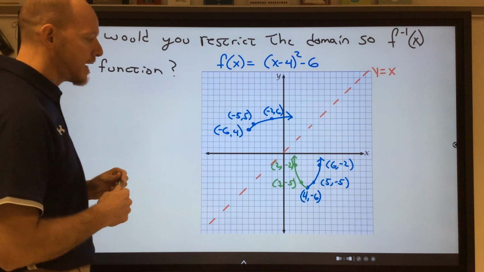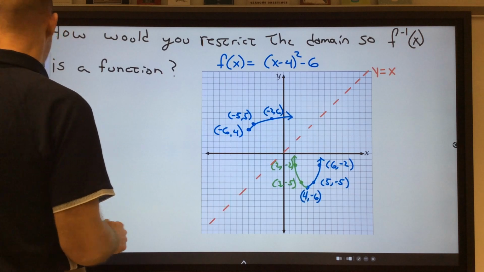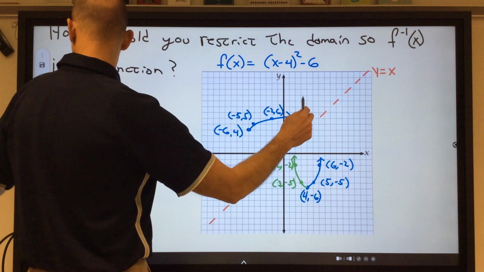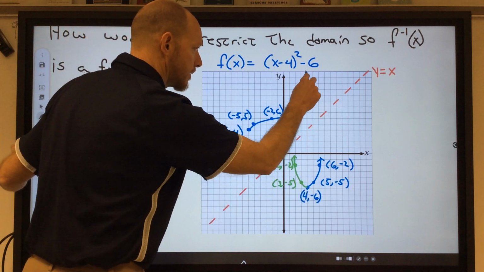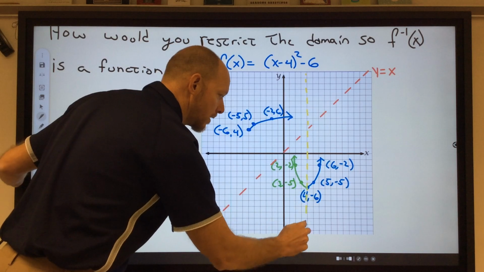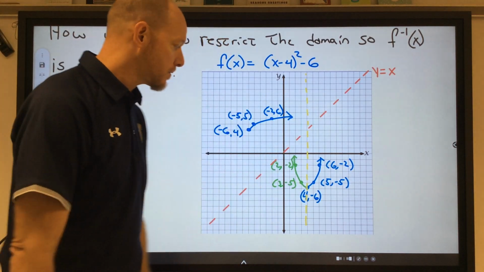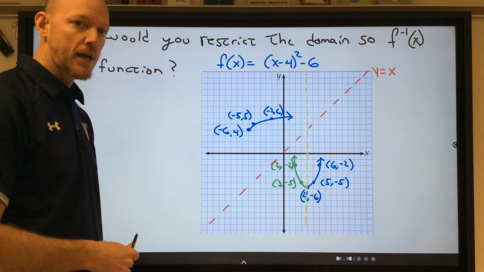Well, in order for this blue graph to occur, we go back to our original. Here's our original graph. And we look at what is referred to as the axis of symmetry. Obviously the axis of symmetry passes through our vertex.